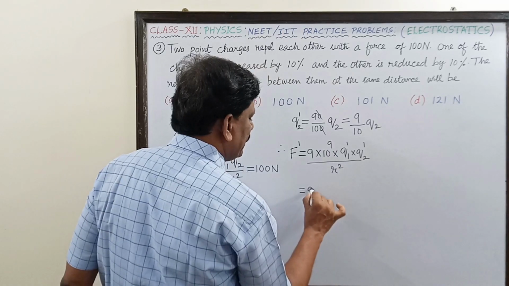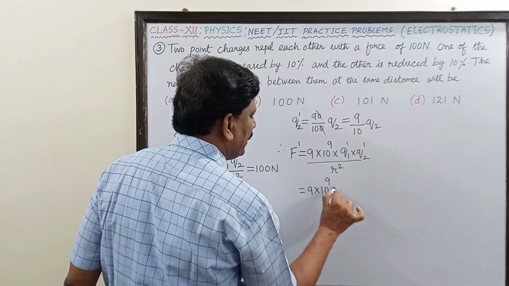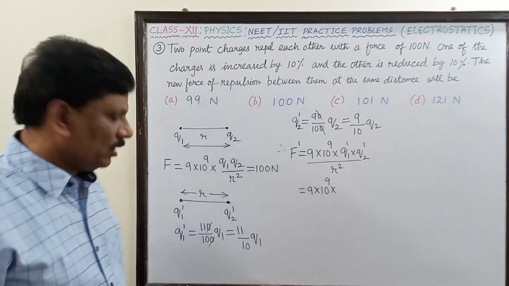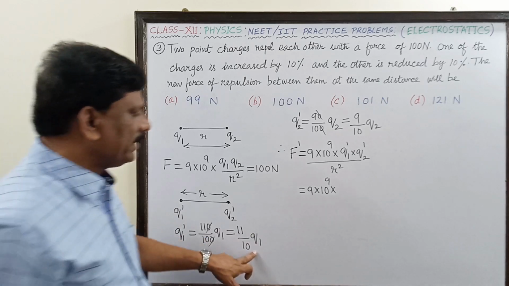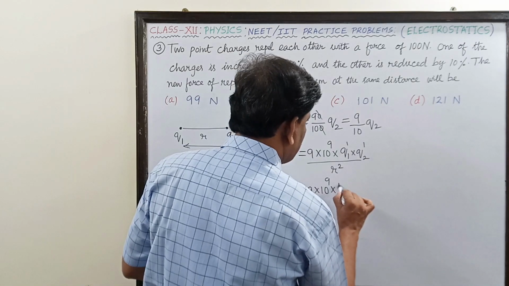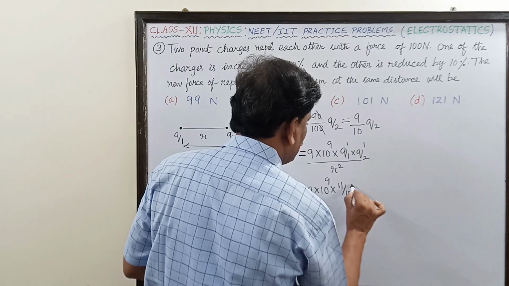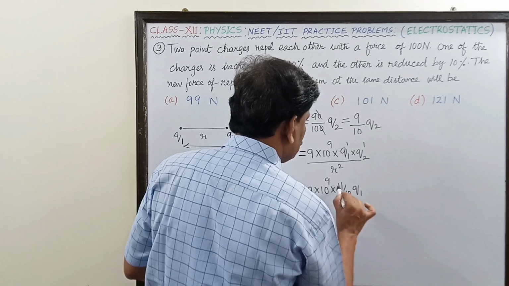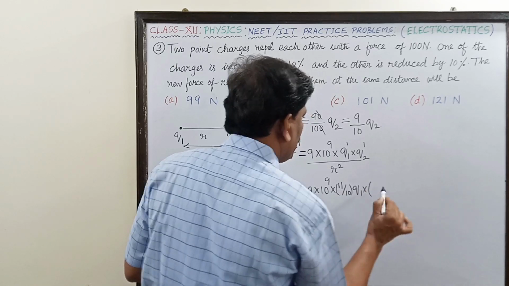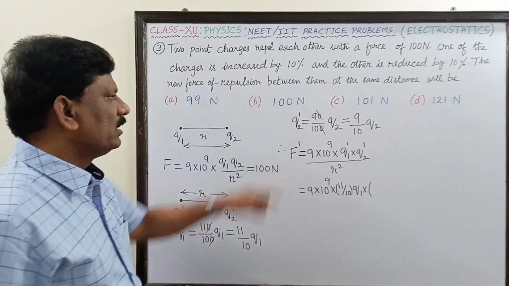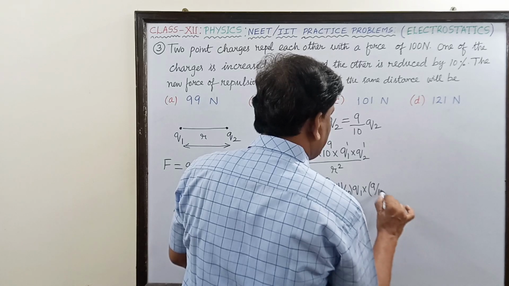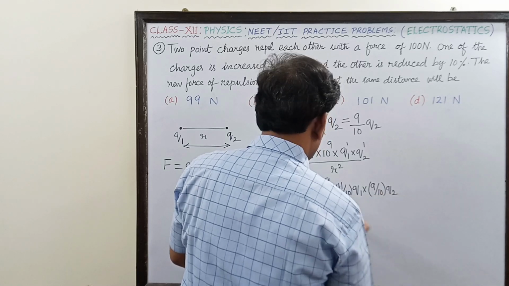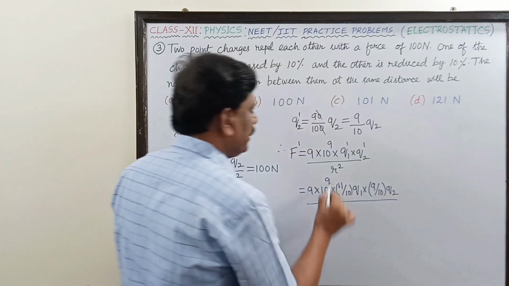So this is 9 into 10 to the power of 9 into, in place of Q1 dash I can substitute 11 by 10 Q1, into, in place of Q2 dash I can substitute 9 by 10 times Q2, whole divided by R square.